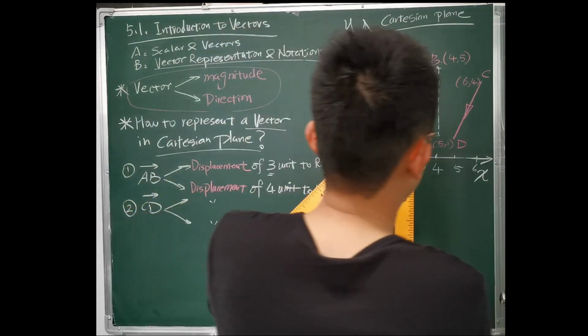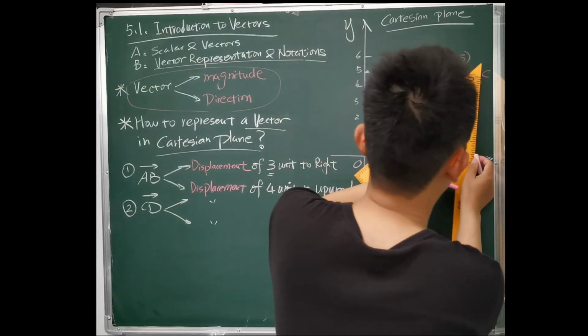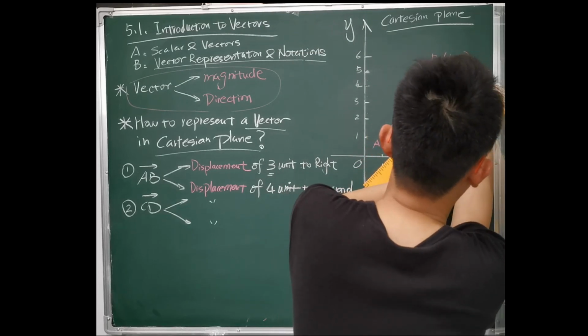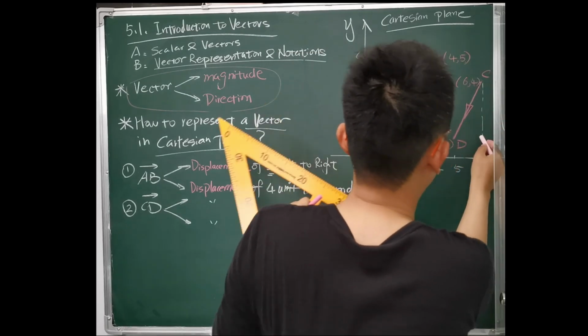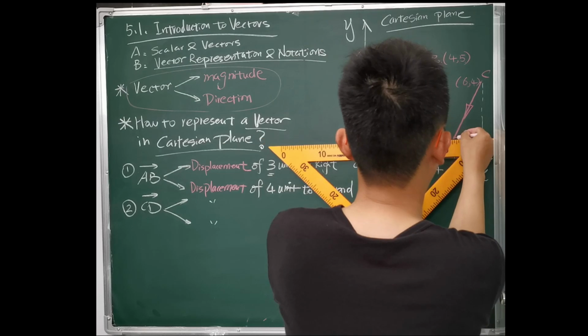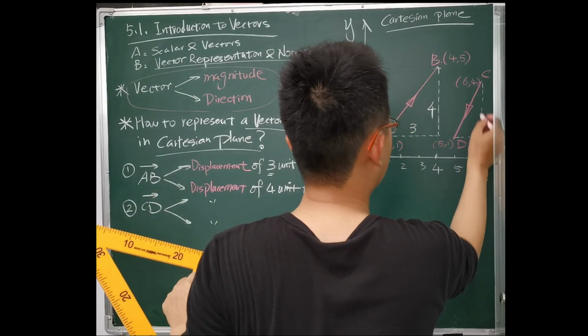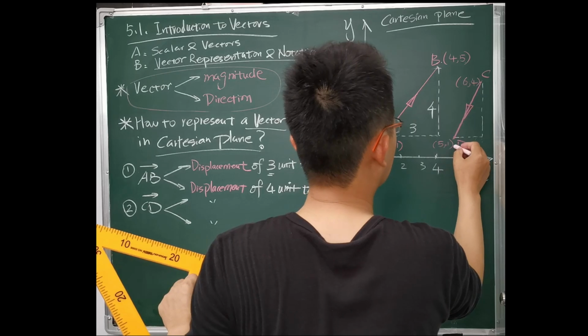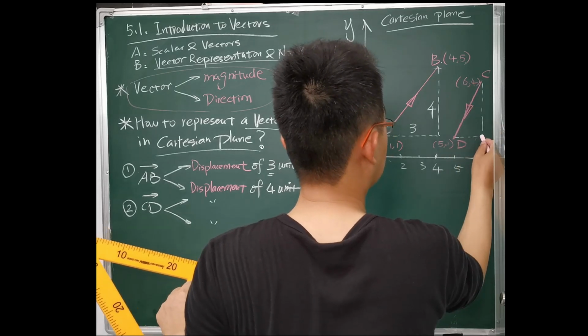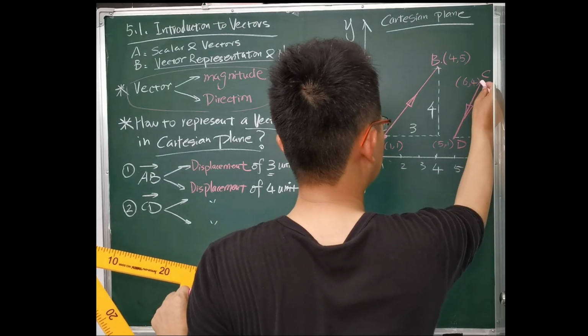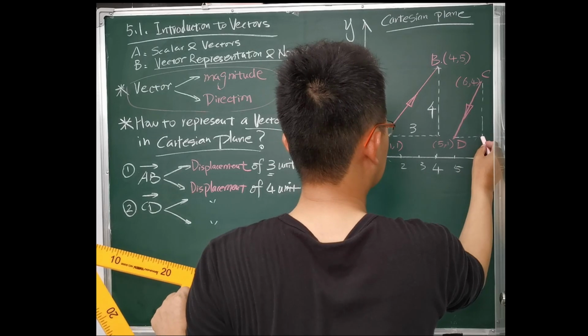Okay, so let's draw this line. If we look at this view, this point is 2. From this point to here is 6.